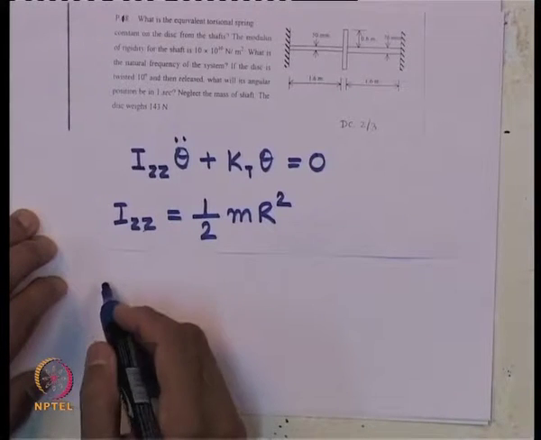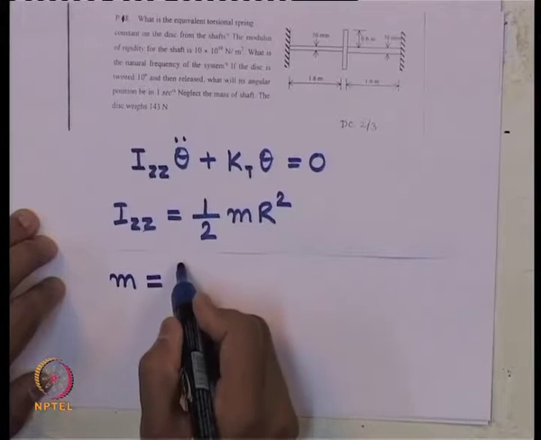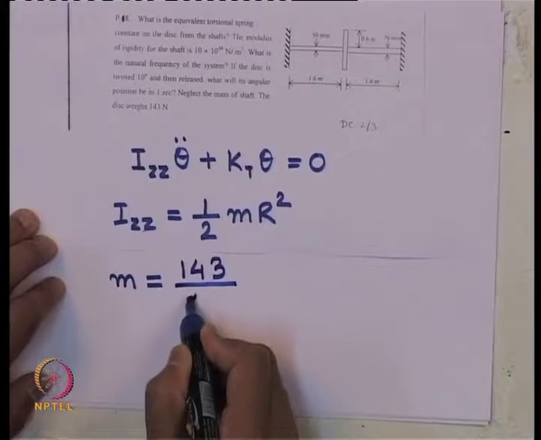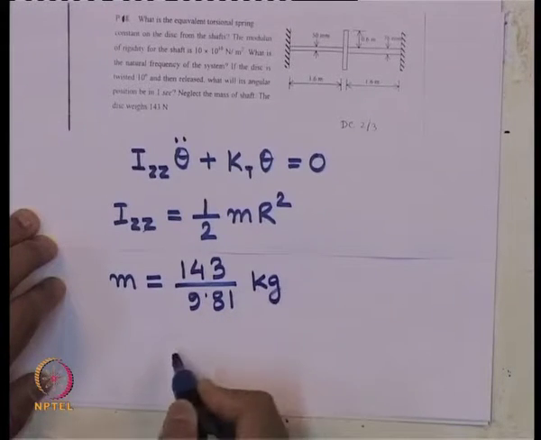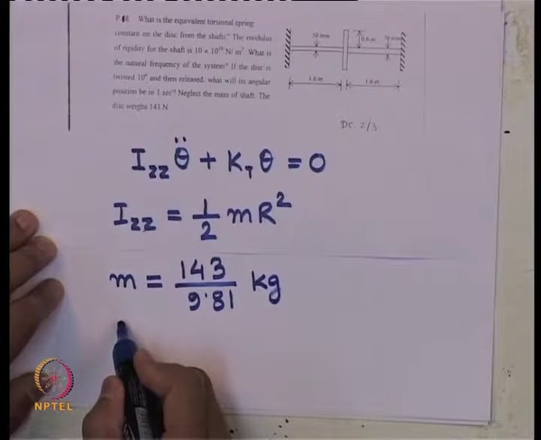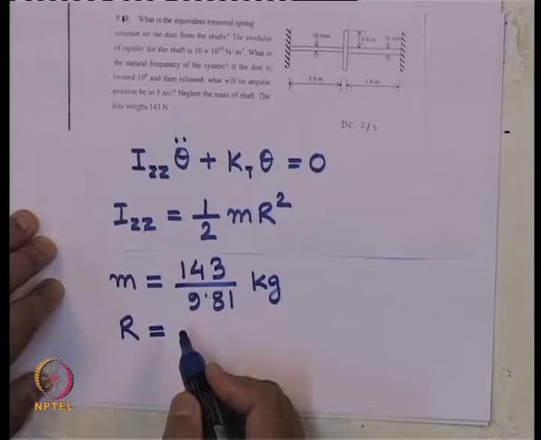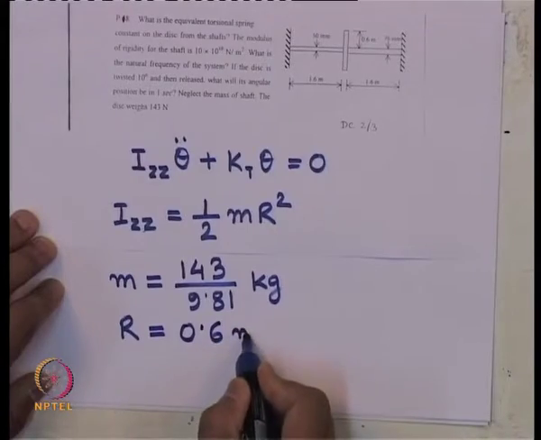Now, how much is the mass of the circular disc? Weight is 143 Newton, so the mass is 143 by 9.81 kg, and the radius of the circular disc is given as 0.6 meter.